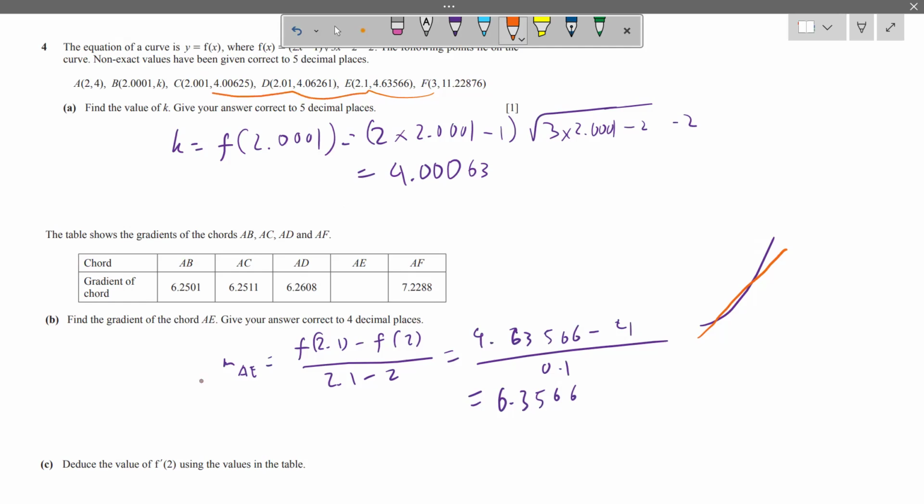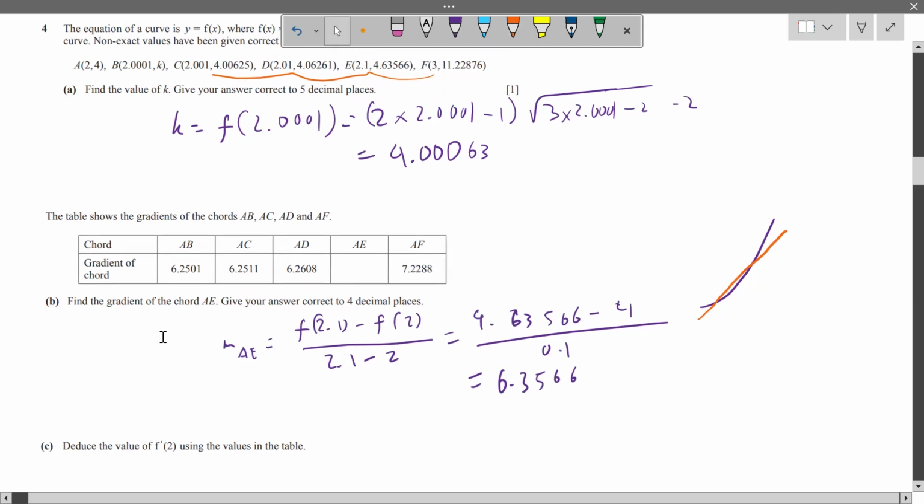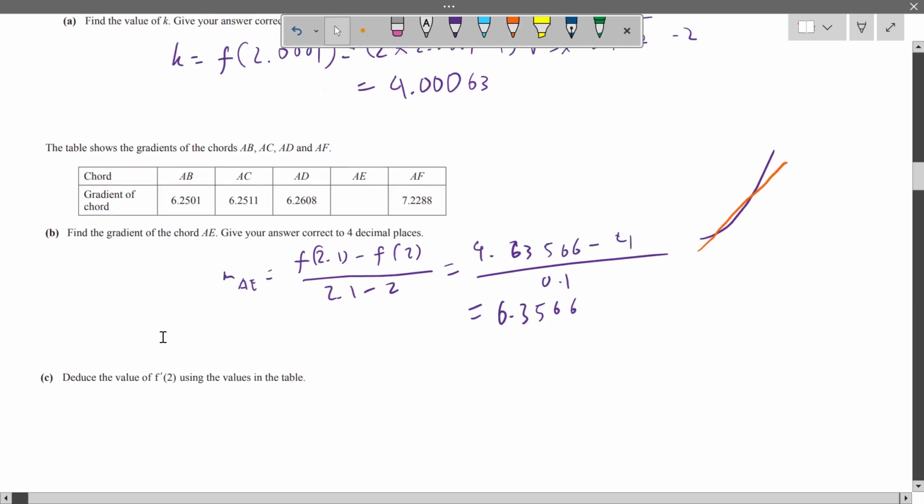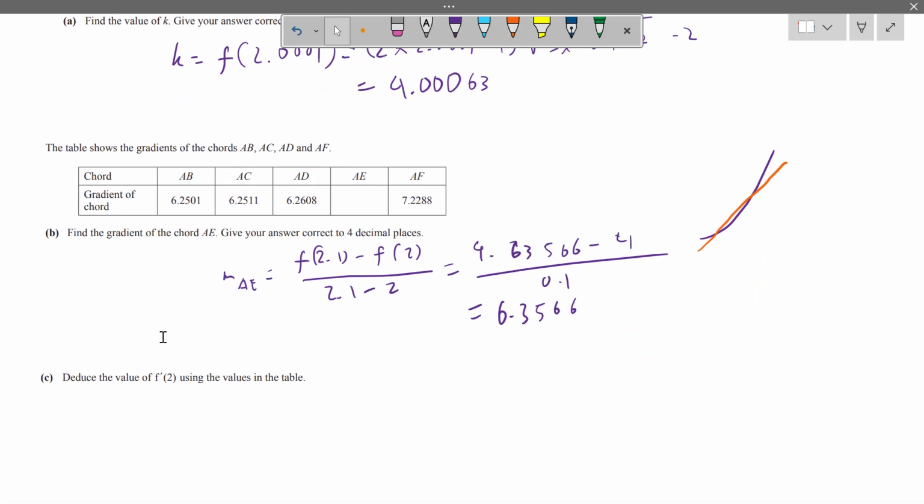You're getting closer and closer to 2, but never actually reaching it. Now, you simply estimate the value of f prime 2 by noticing that the gradient of the chord, where the second point goes from F to E to D all the way to B, goes to 6.25.